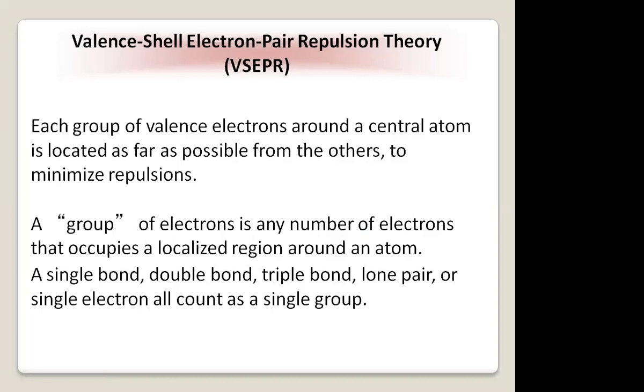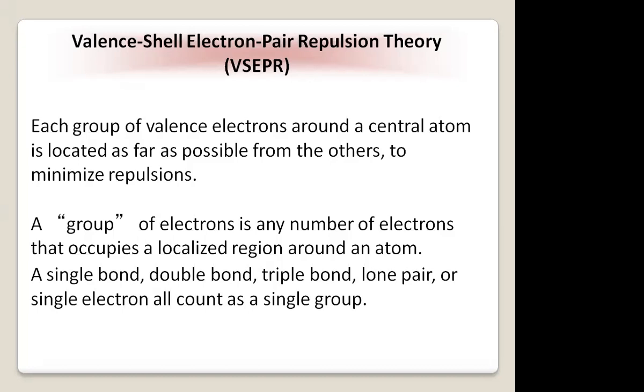One of the concepts of the theory is that electrons repel themselves, as the name suggests. Each electron in the central atom repels the others, so they are arranged as far as possible from each other.